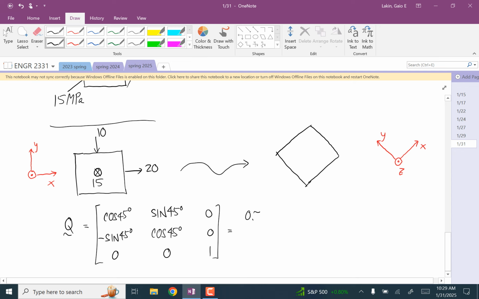And that comes out to be 0.7071, 0.7071, 0; negative 0.7071, 0.7071, 0; 0, 0, 1.